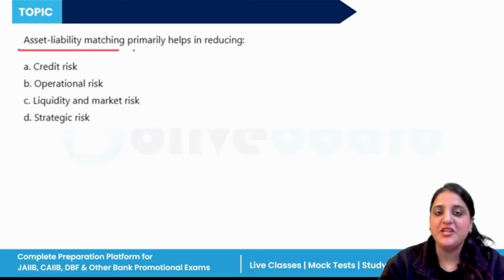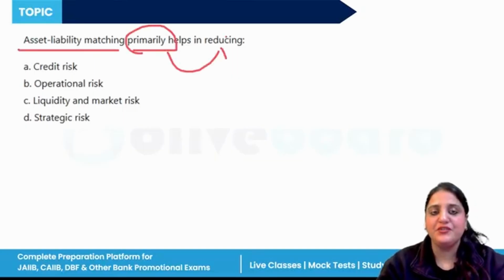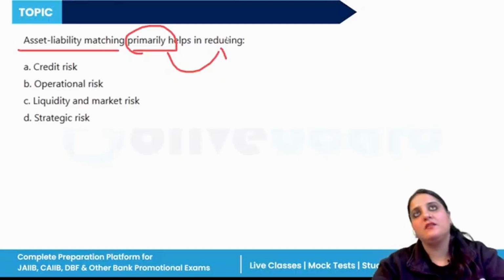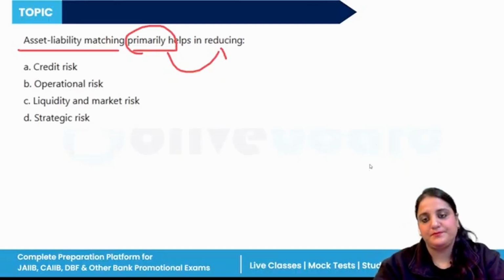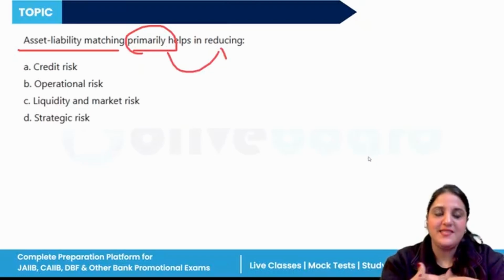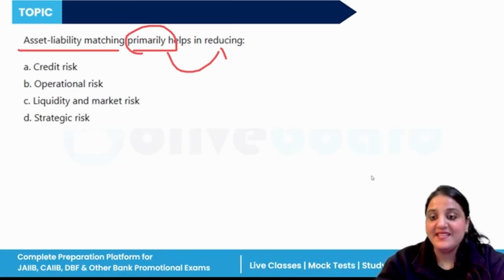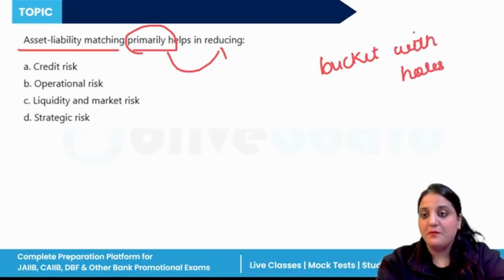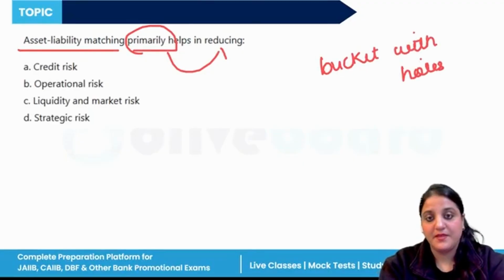Asset liability matching primarily helps in reducing what? Which risk is reduced in this? So you can say without ALM, a bank is like a bucket with holes.